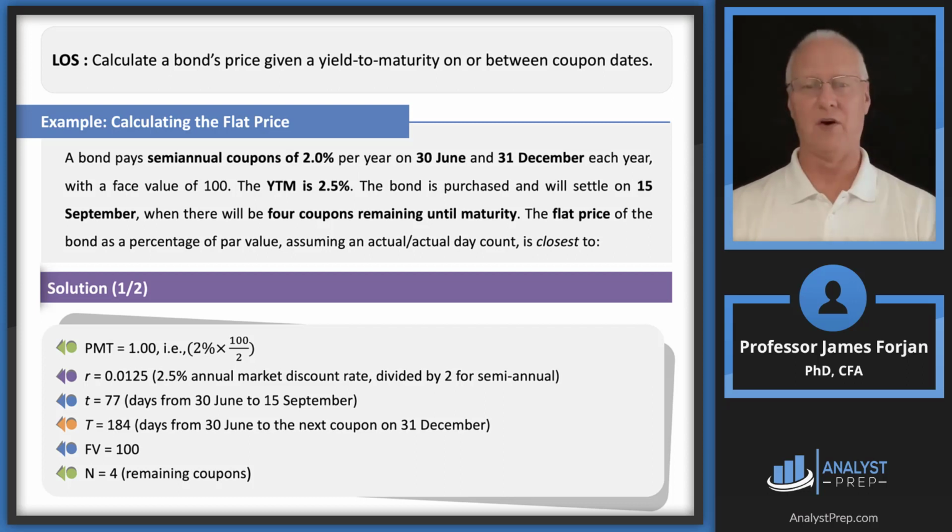On the pressure of an exam, do you remember all the days in every month? I have no idea how many days are in December if I'm taking this exam and I'm stressed out. Even though it's been 20 years since I took those exams, I remember how stressed it was. So I don't think you'll have to calculate those 77 and 184 days. But if you do, do the best you can.